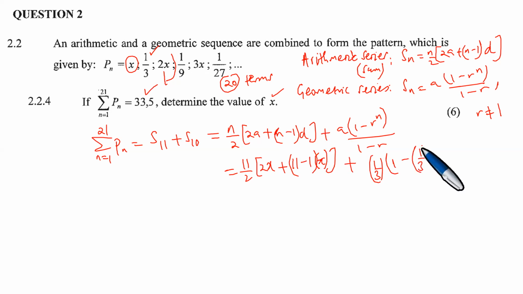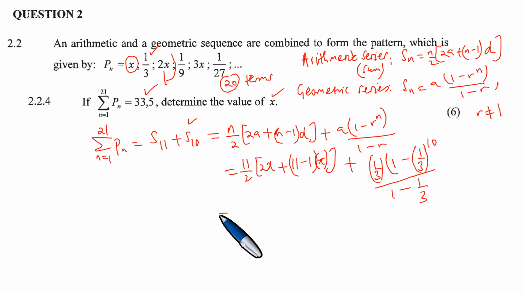We did that before in the previous question: the sum of the 10 terms is S10, which means we're dealing with the 10 terms. Okay, we're likely to be doing more complex questions, so be ready. 1 minus 1 over 3.